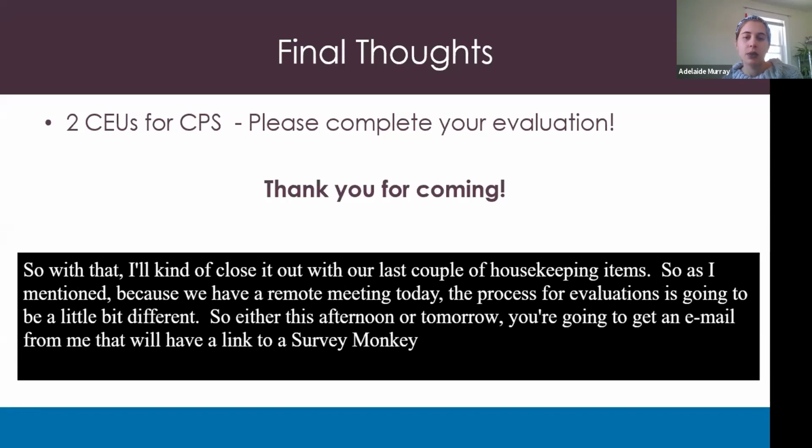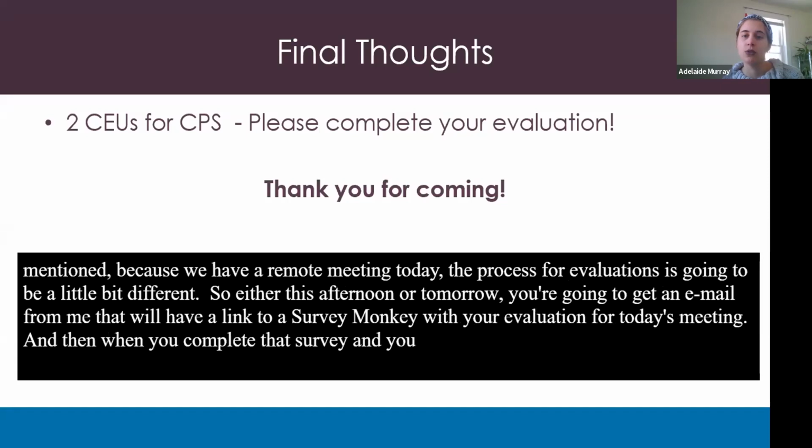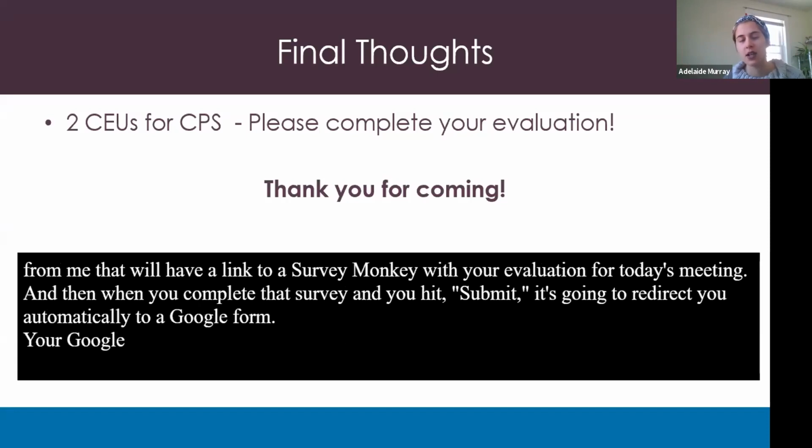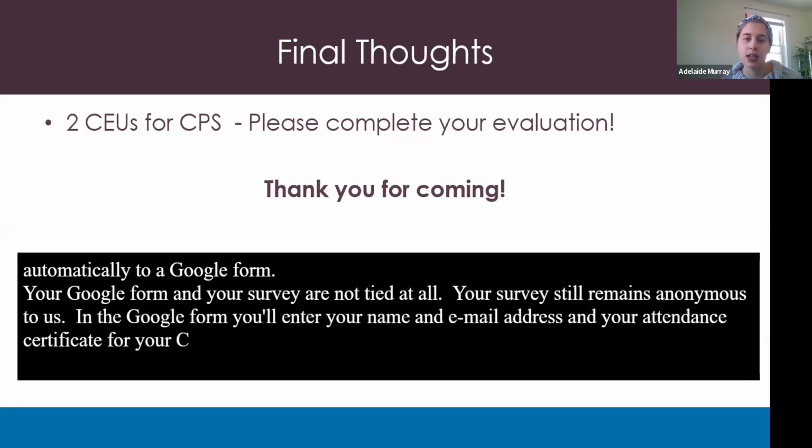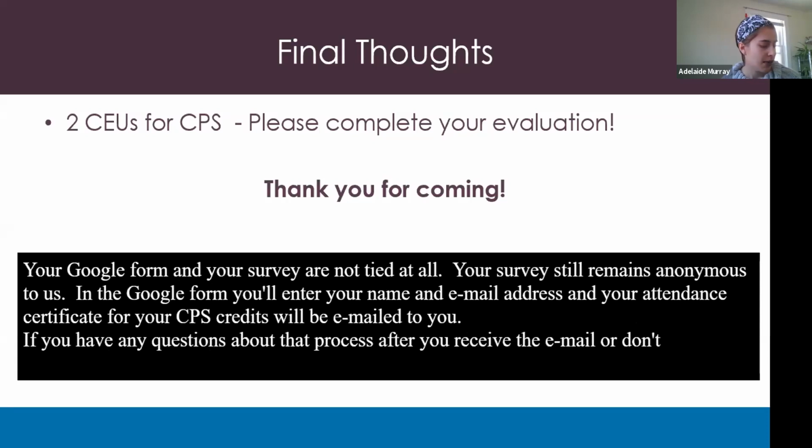When you complete that survey and hit submit, it's going to redirect you automatically to a Google form. Your Google form and your survey are not tied at all, so your survey still remains anonymous to us, but in the Google form, you'll enter your name and your email address, and then your attendance certificate for your CPS credits will be emailed to you. If you have any questions about that process after you receive the email, or if you don't receive the email by Friday, please shoot me an email.